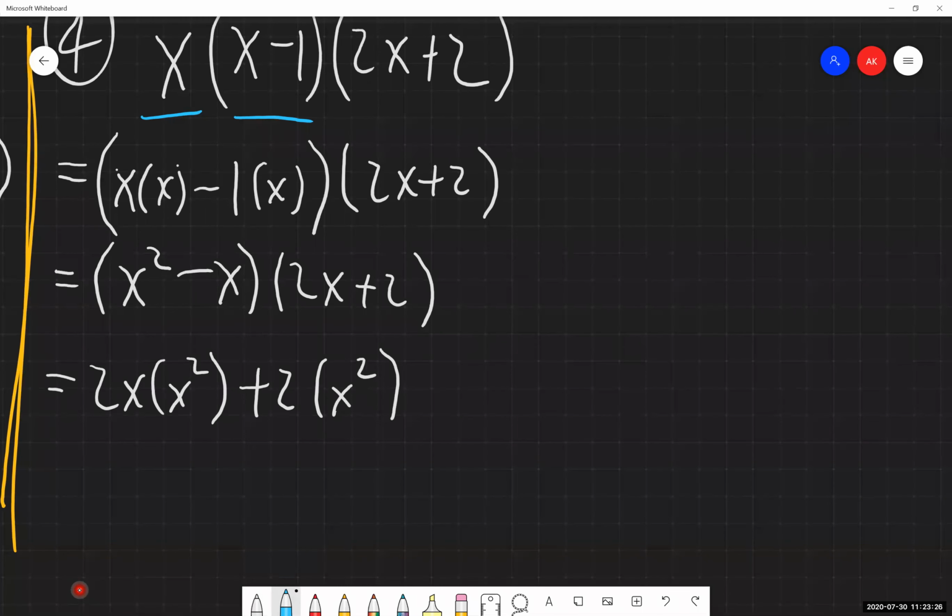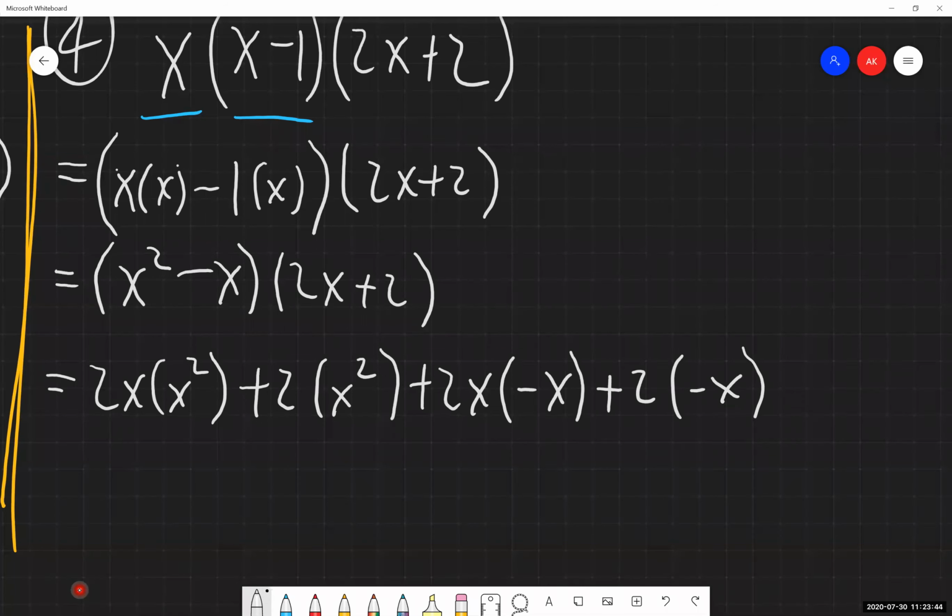And then the second term from the first polynomial distributes through to every term in the second polynomial. So 2x times negative x plus 2 times negative x. So we're just listing everything out. So it's going to multiply together.